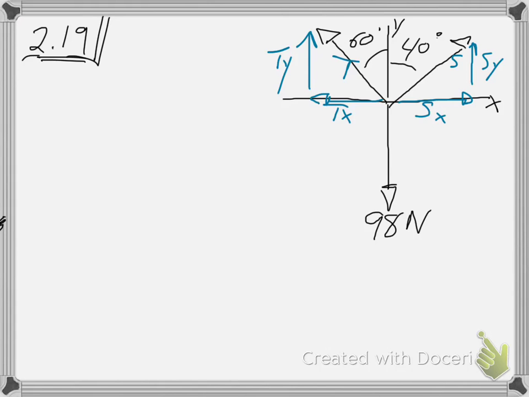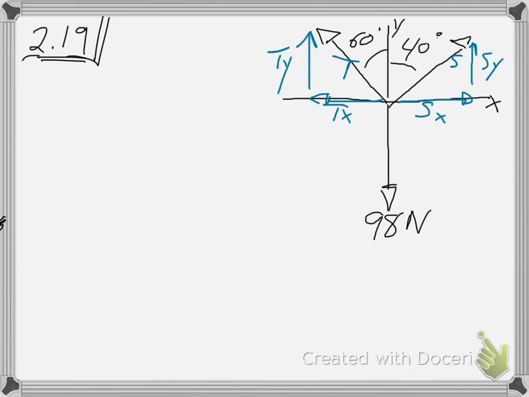You should also recognize that in the Y direction, T sub Y and S sub Y are pulling up, and that has to equal 98 newtons, which is the downward pull. And then the horizontal pulls, T sub X and S sub X, don't have to be equal because they're at different angles, but they need to add up to 0.